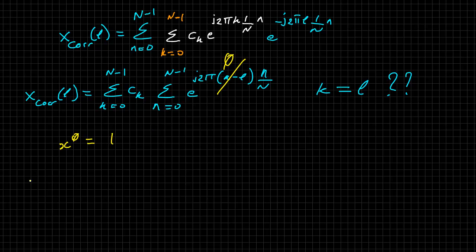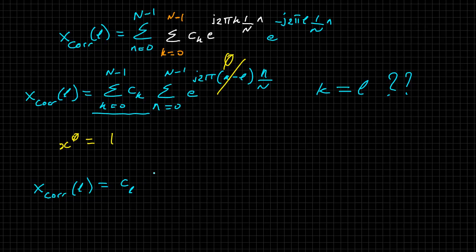So let's write down the equation. X car, which is a function of L, now this summation is going to be simplified because we're only considering when K is equal to L. So we will get rid of this summation and we will substitute for K with L, so CL.